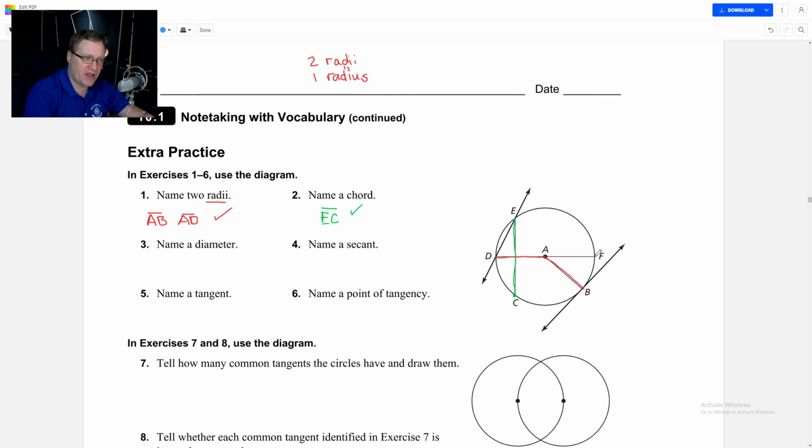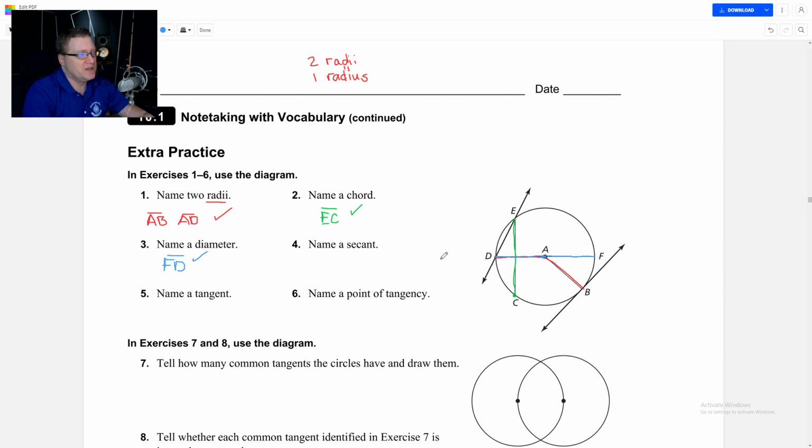If I start at F and I draw a line segment over to D, that goes through the center, A, right? It went through there. So F to D is a diameter, right? Or D to F, either way is fine. I'll write FD with a line segment on top because this is a line segment, all right? And that's how we do that.